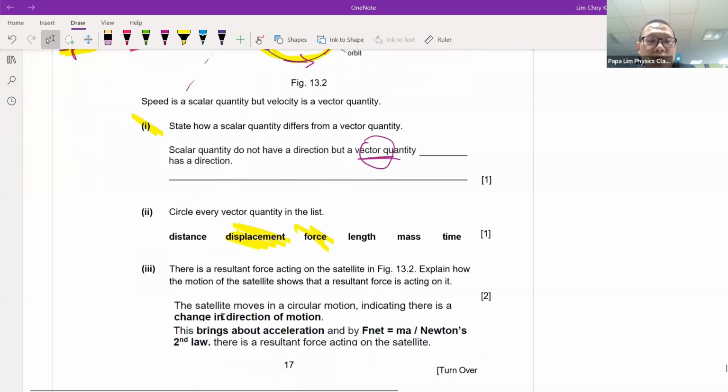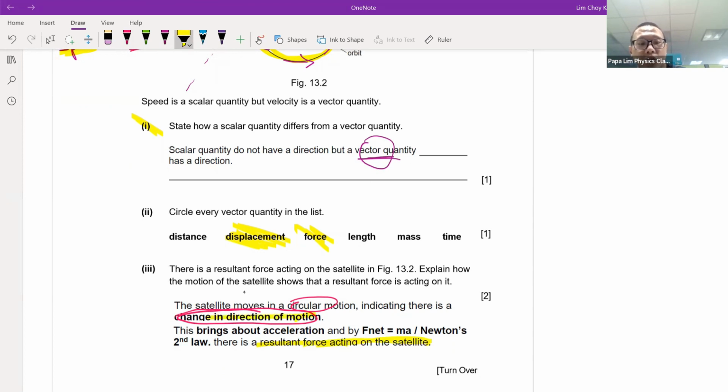Because the satellite has to change direction to move in circular motion, I will need a force to bring about this change in direction. So there will definitely be a force acting on the satellite.